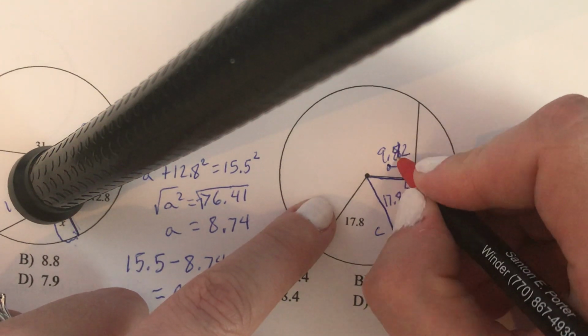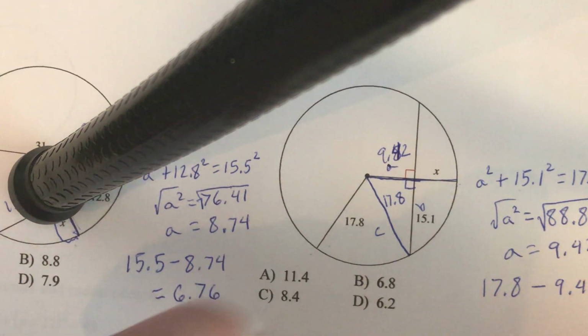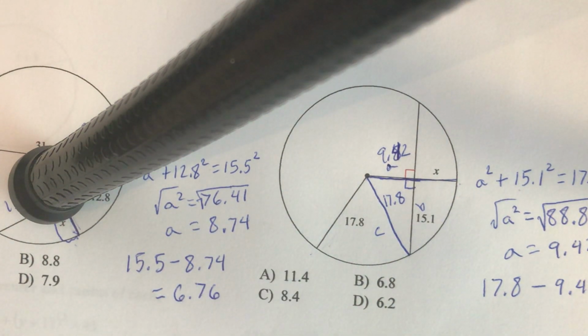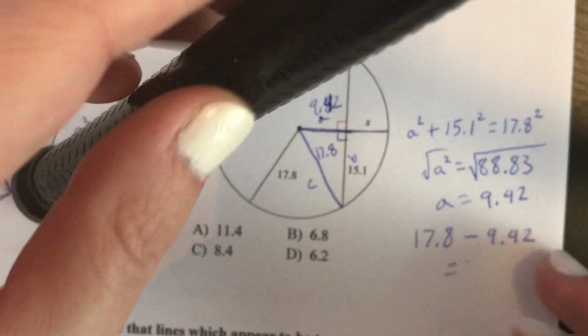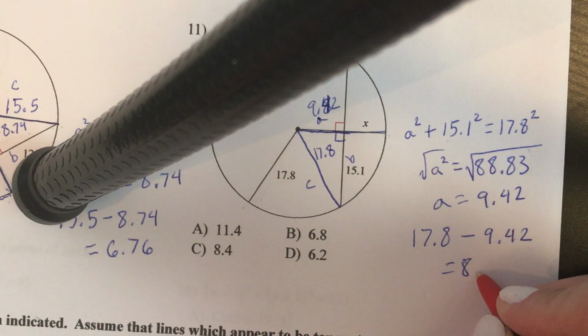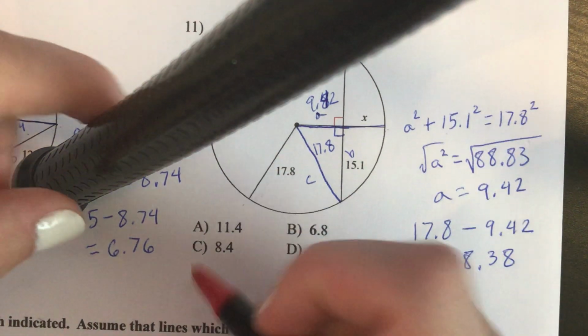It should be 4.2, not 8.2. Sorry, y'all. So if I do 17.8 minus 9.42, I should get 8.38, and that rounds up to 8.4.